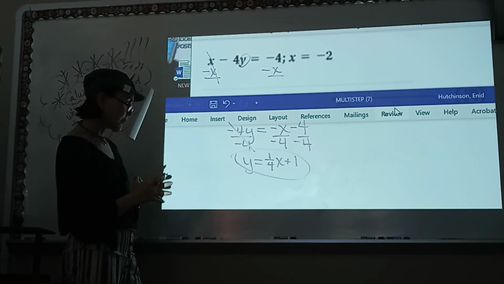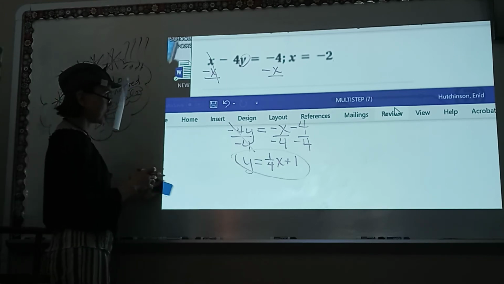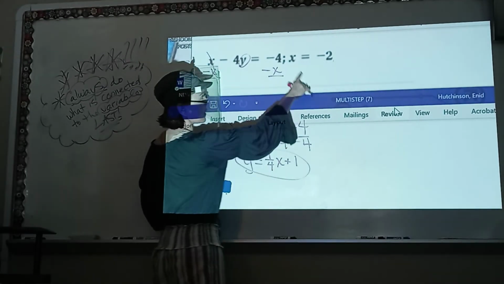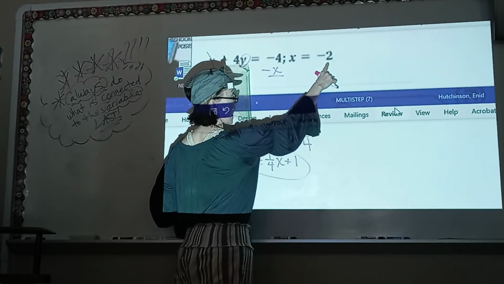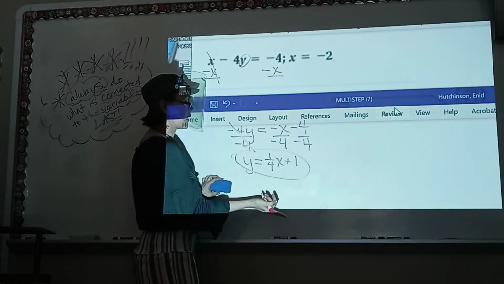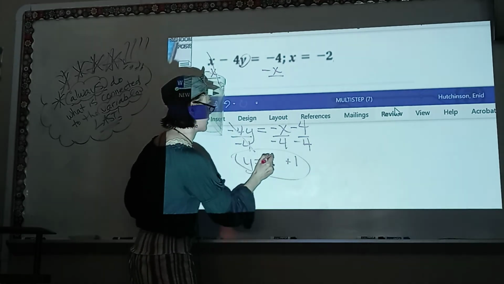So now we have to test it. You have to test what y is equal to with the given value for x, which is negative 2. So we're going to take this negative 2 and plug it in for x. I'm going to just erase and replace.